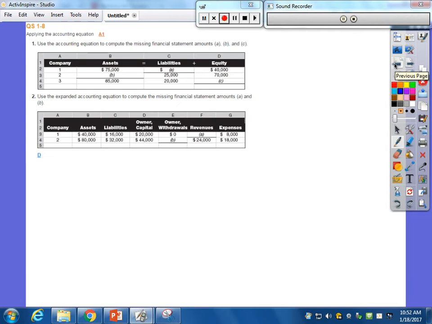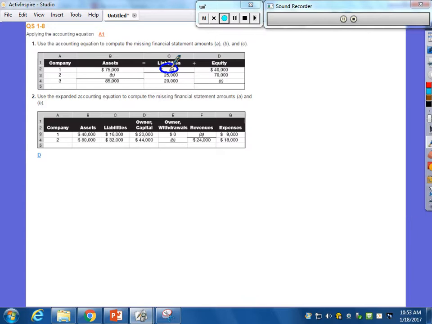All right, quick study 1-8. It says use the accounting equation to compute the missing financial statement amounts. So for number one up here for company one, we have assets of 75,000. We're searching for liabilities here, and we have equity of 40,000.